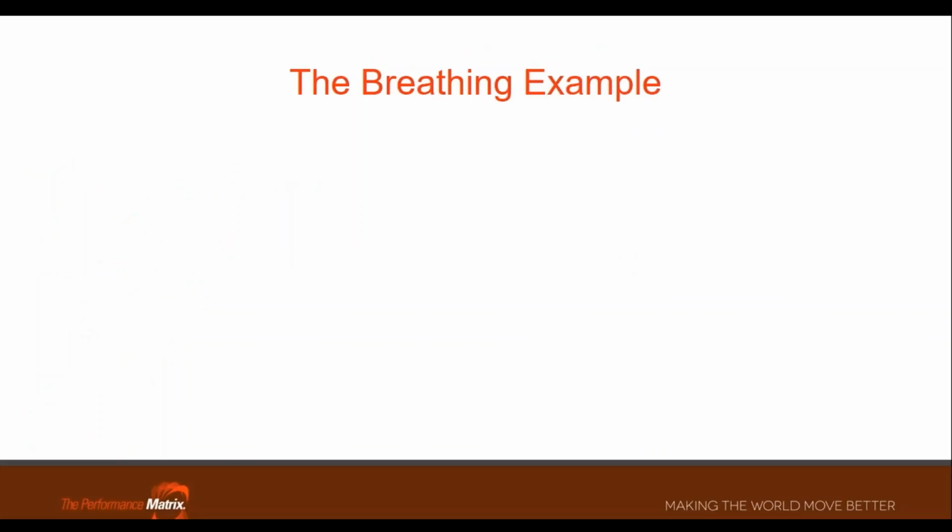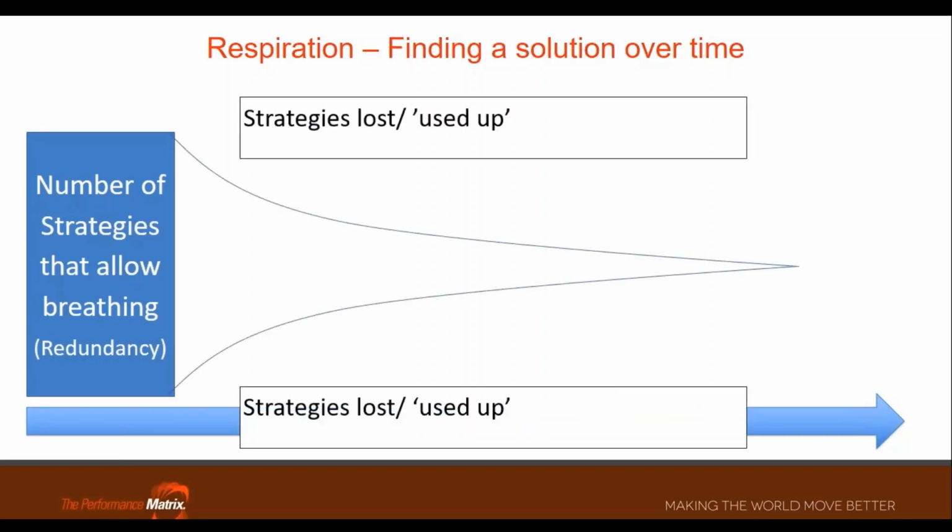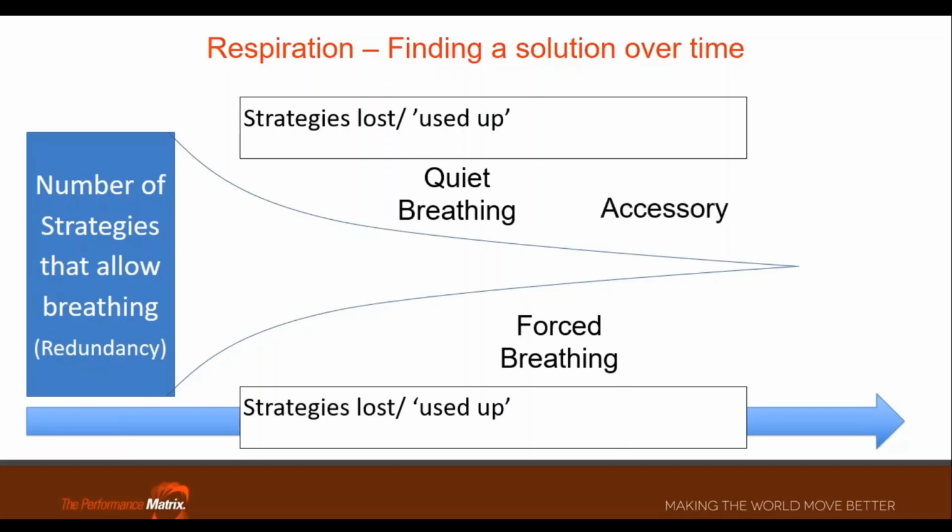So we look at breathing as an example. Respiration is quite nice because it allows us to consider this term redundancy: the fact that you have many different ways to achieve your breathing outcome. You can continue to breathe under all kinds of demands. Along the way, we start to use up our breathing strategies as we move from quiet breathing, to forced breathing, finally to accessory breathing.